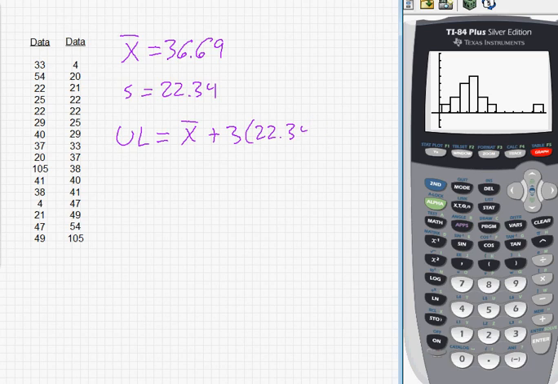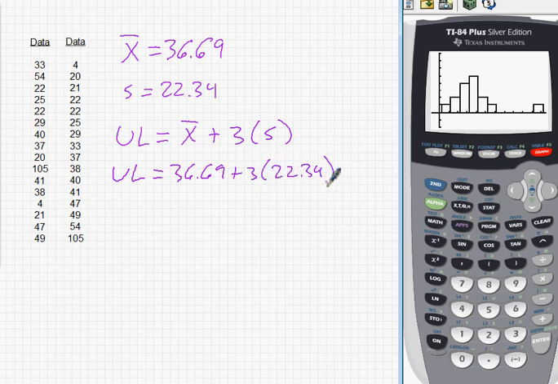I meant to show you that in symbolic form, right? So that's really your formula. And in this case, it'll look like that. And this upper limit turns out to be 103.71.